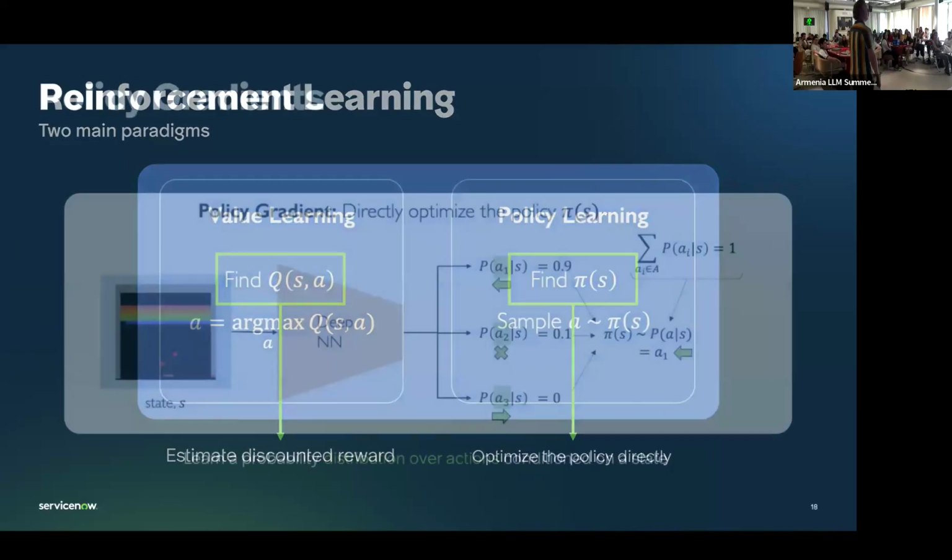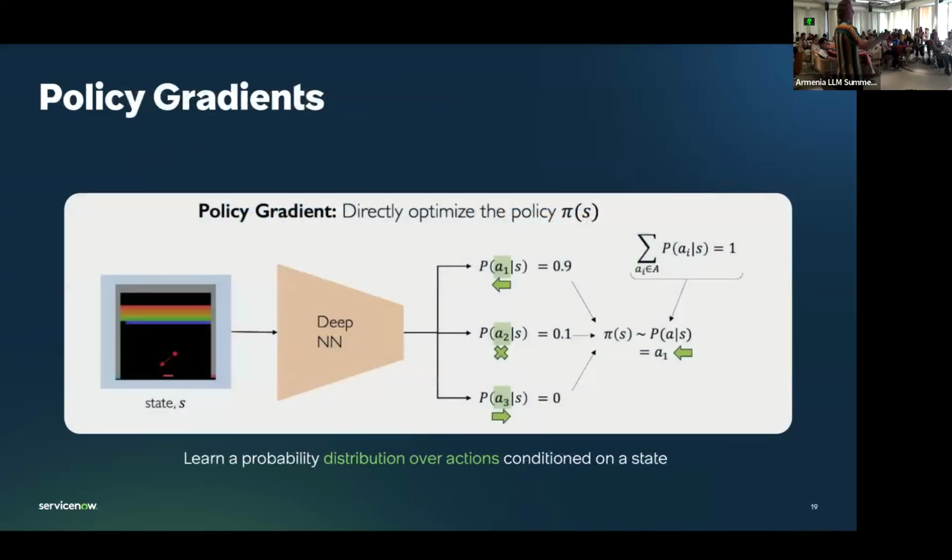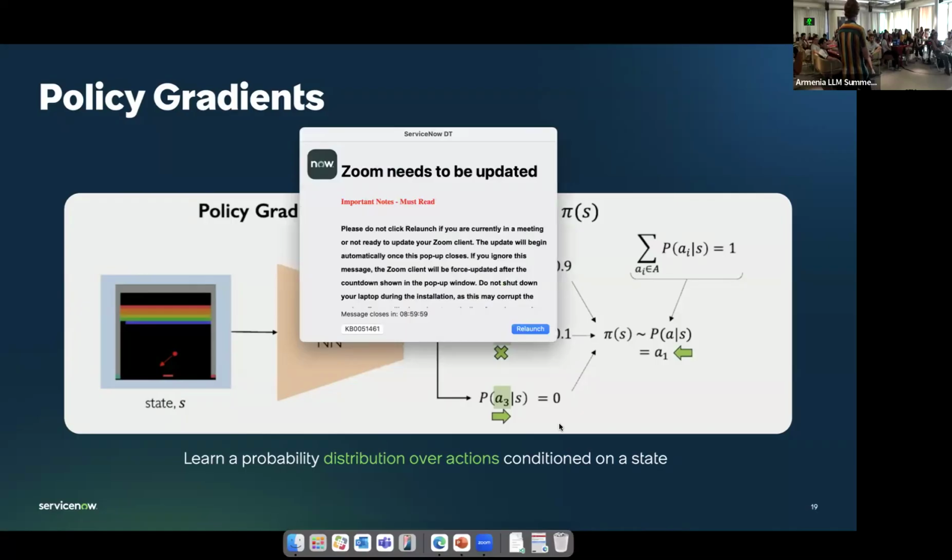So you optimize things directly. So here is an example in the brick breaker case, right? So you would receive a state, you would pass that as input to a neural network. And then this neural network would say, okay, I think action one is more likely than the others in this case. And then you would not just pick action one, you would actually sample according to this probability distribution, which is nice because it gives you kind of exploration at the same time, right?